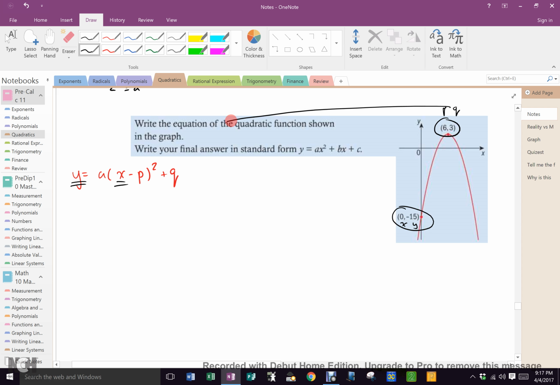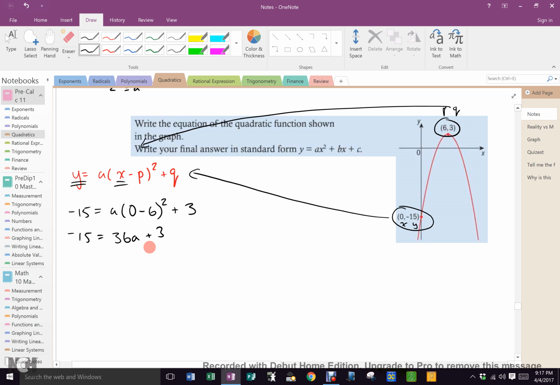And I just take this over to here. So I end up with negative 15 equals a(0 minus 6) squared plus 3. Solve that. Negative 15 equals 36a plus 3. Minus 3, minus 3. Negative 18 equals 36a. A equals negative 1/2.